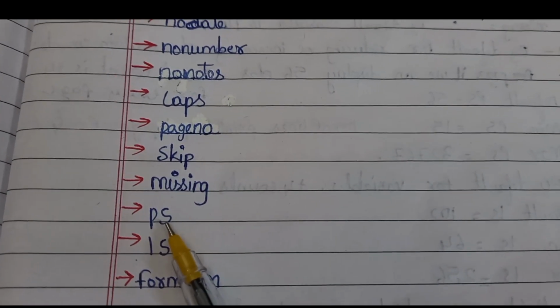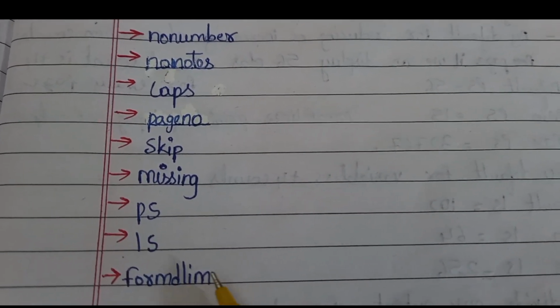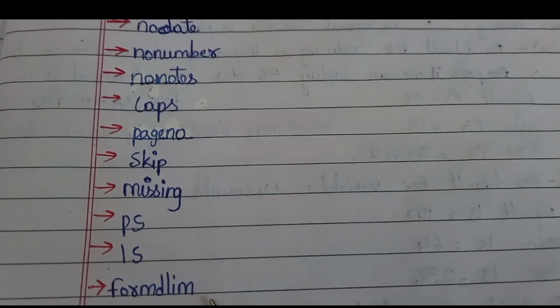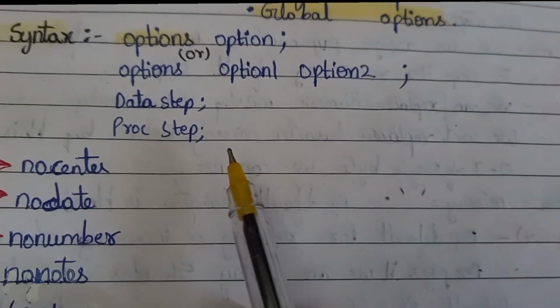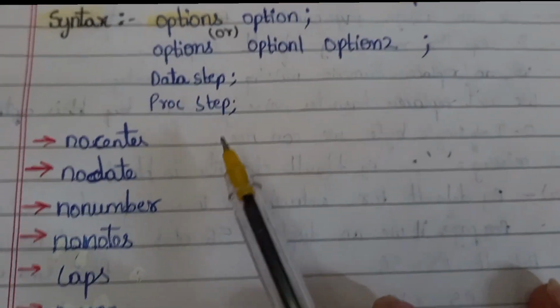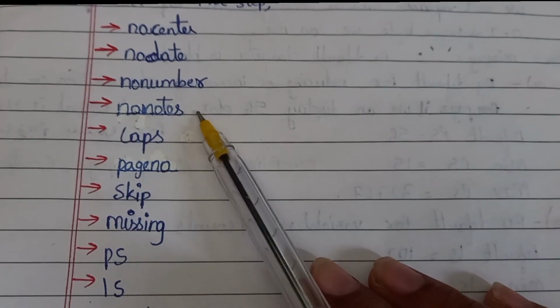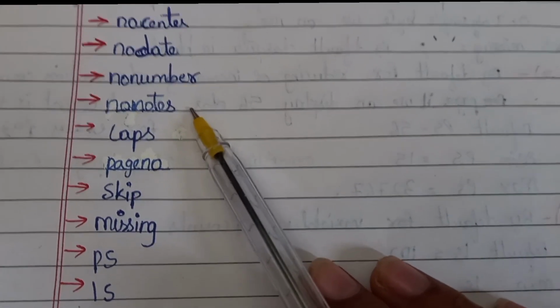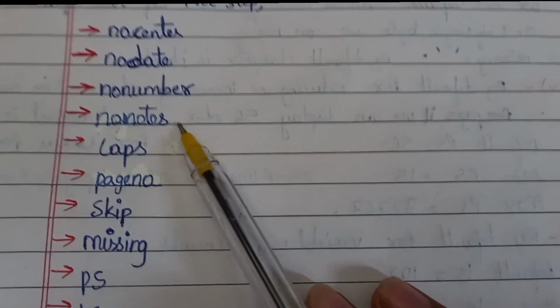PS stands for page size, LS stands for line size, FORMDLIM. So these options work only for the output window. Only one option is used for the log window. You can see the result in the log window for the nonotes option.